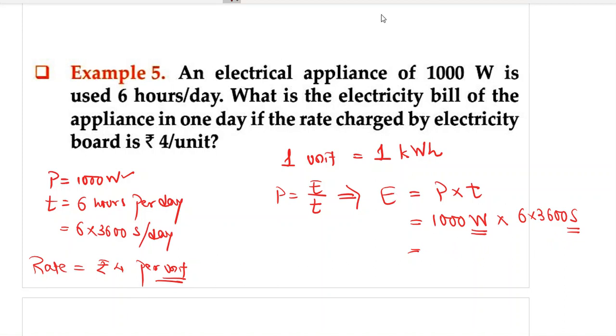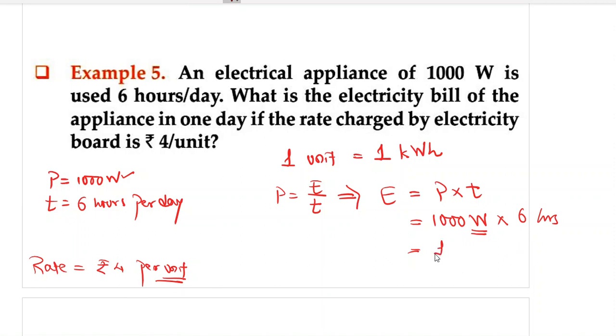Yes. Actually, I made a mistake here. There is no need of writing in seconds over here. We needed kilowatt hour. So this could have been 6 hours per day only. So here also I will erase this and write simply 6 hours. Okay, only this thing has to be converted now.